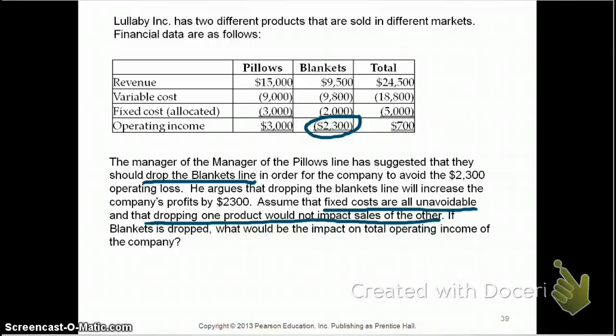They were incurred by the entire plant, but we just allocated $2,000 of those costs to the blankets. When we get rid of those blankets, we still have to incur the entire $5,000 in fixed costs. And this time, those $5,000 will all be allocated to the pillows product line. So since we don't save any fixed costs, that $2,000 of the $2,300 operating loss by the blankets will be absorbed by the pillows. So we would only result in a $3,300 profit overall, or an operating income overall.